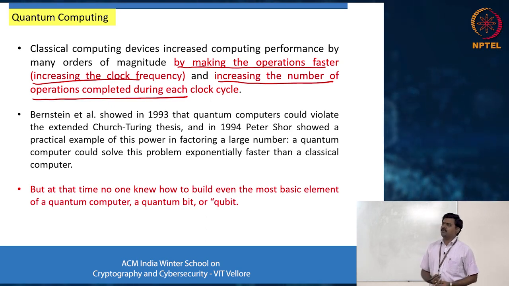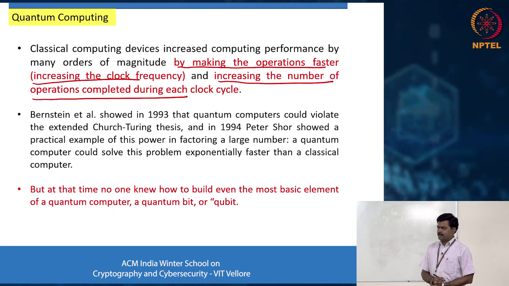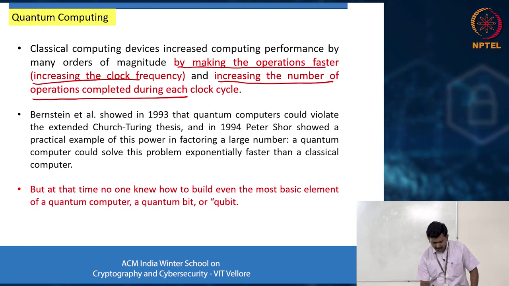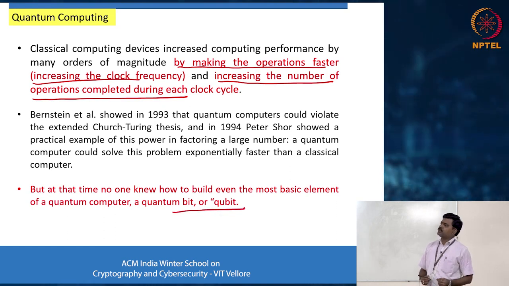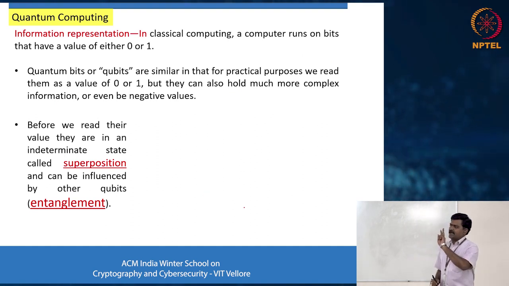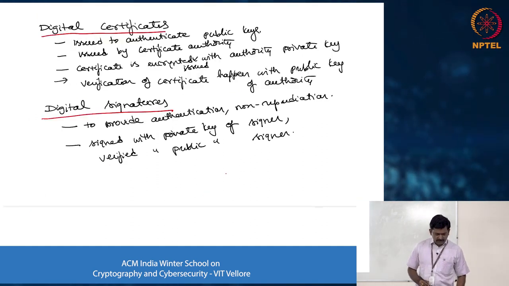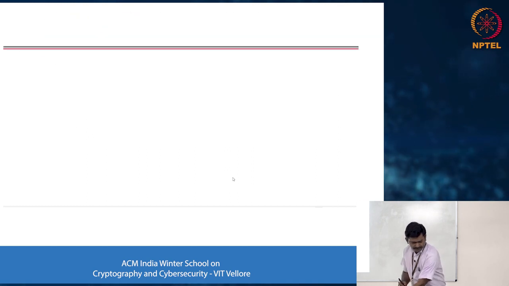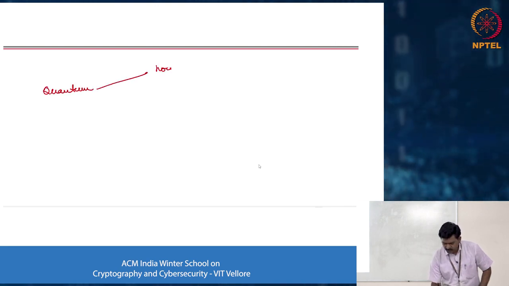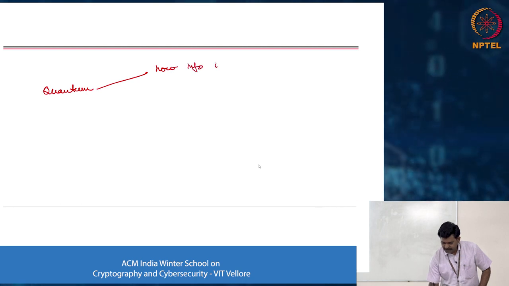We all know the fundamental unit of a computer is a bit, which holds two values, either 1 or 0. In the case of a quantum computer, it is called a qubit. We will understand quantum computers in 3 ways. Number 1, how information is represented.